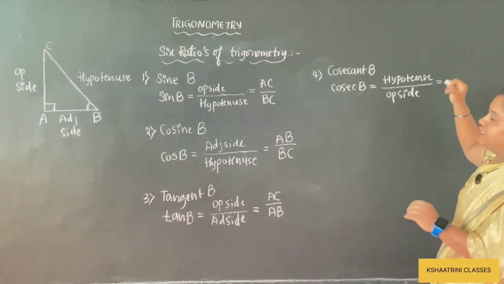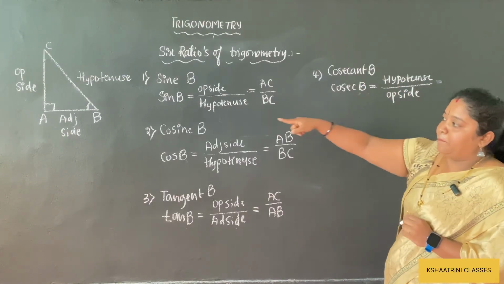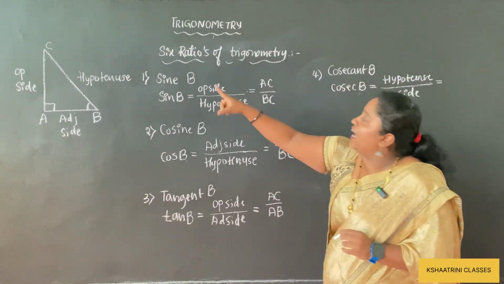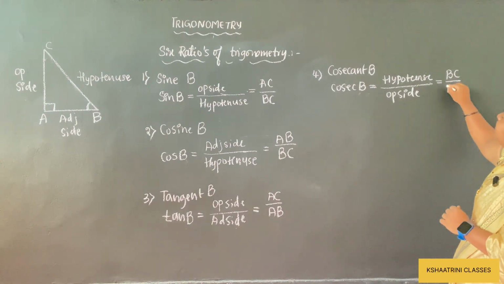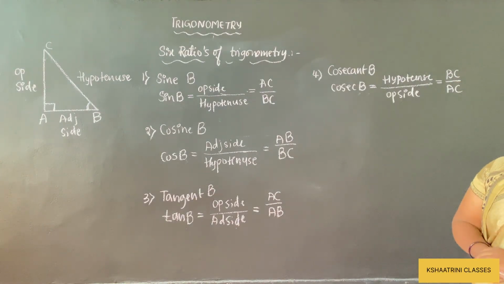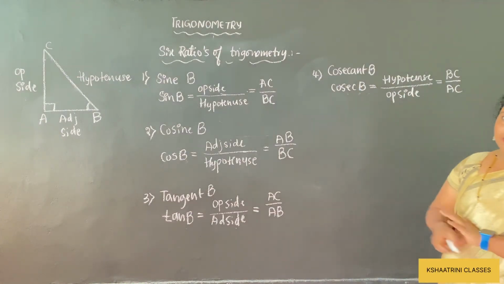When I write with respect to our diagram, hypotenuse is BC and opposite side is AC. So it will be BC divided by AC. This is the fourth trigonometric ratio, that is cosec B.